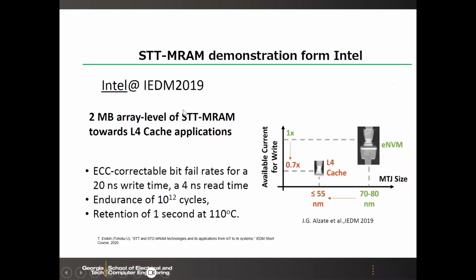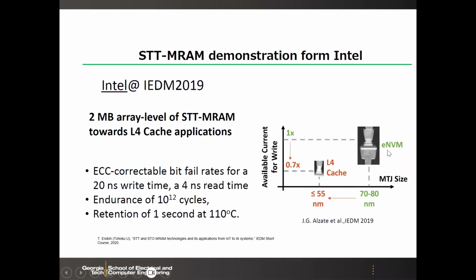And Intel also. In Intel's demonstration, they showcase 2 versions of the STT-MRAM. The only difference is that the MTJ size is different, because they want to differentiate two application targets. One is eNVM, the embedded non-volatile memory we talked about before, for eFlash replacement in microcontrollers and so on.